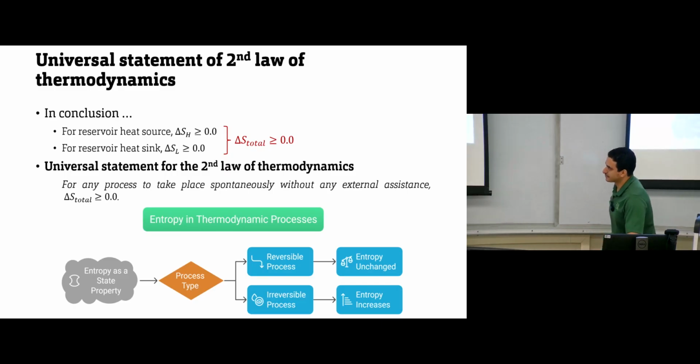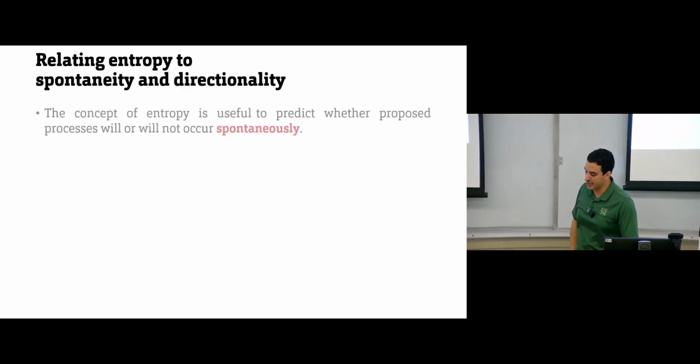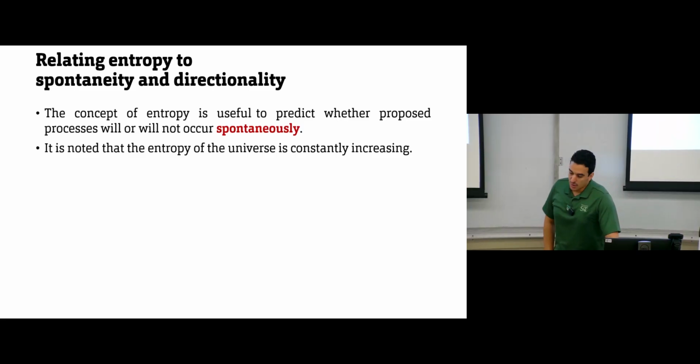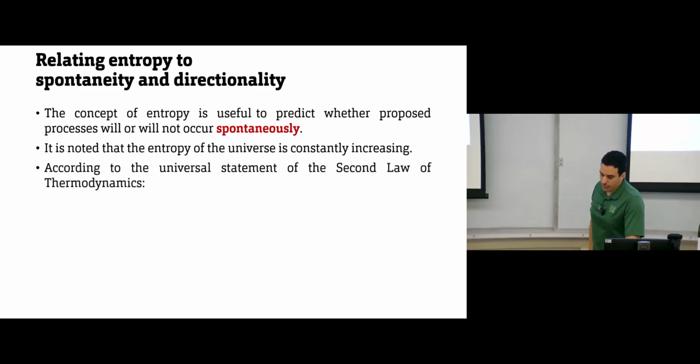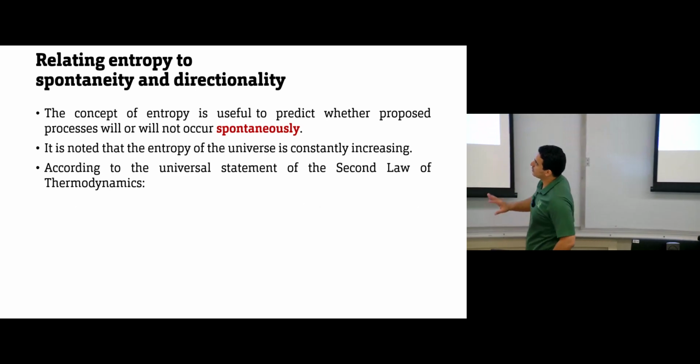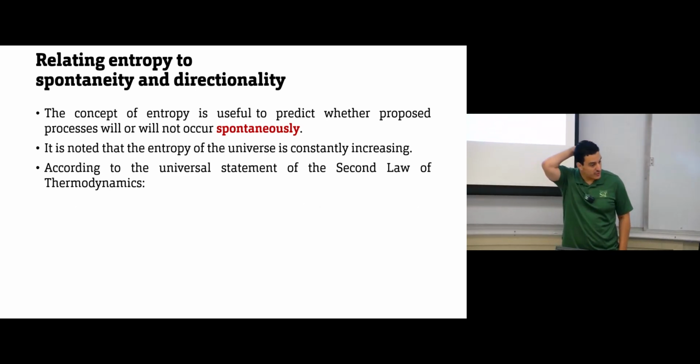Okay. We have some perspectives on entropy. The first one is relating entropy to spontaneity and directionality. What we said so far is that we have a universal statement of the second law of thermodynamics.